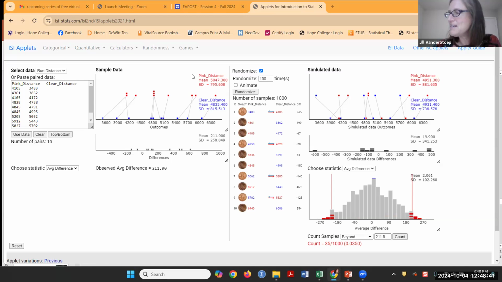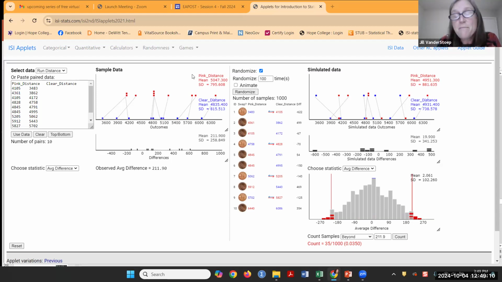So since it's pink minus clear, and it's roughly 7 to 415, do you know which of those colored solutions is on average gaining longer distances? Go to your chat and hit enter. Yes, I do. Yay. It is the pink.